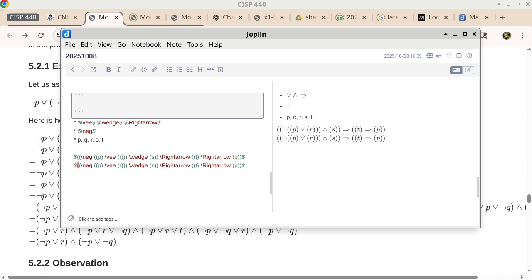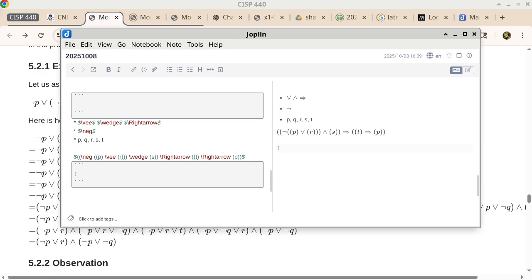First thing is to rewrite this in the easier format. We are going to say this is a negation of P or R, and then that whole thing is anded with S, and then we take this entire thing that is implying T implies P. I'm just removing the unnecessary parentheses so that the whole thing is easier to read.